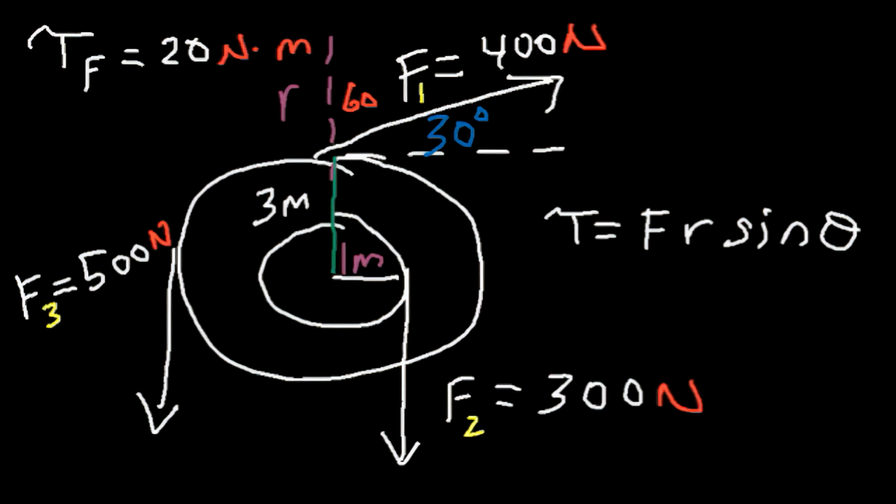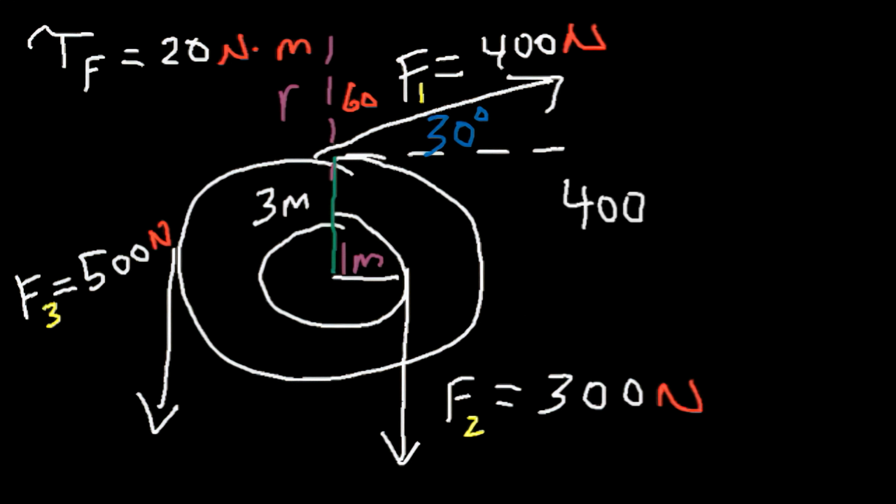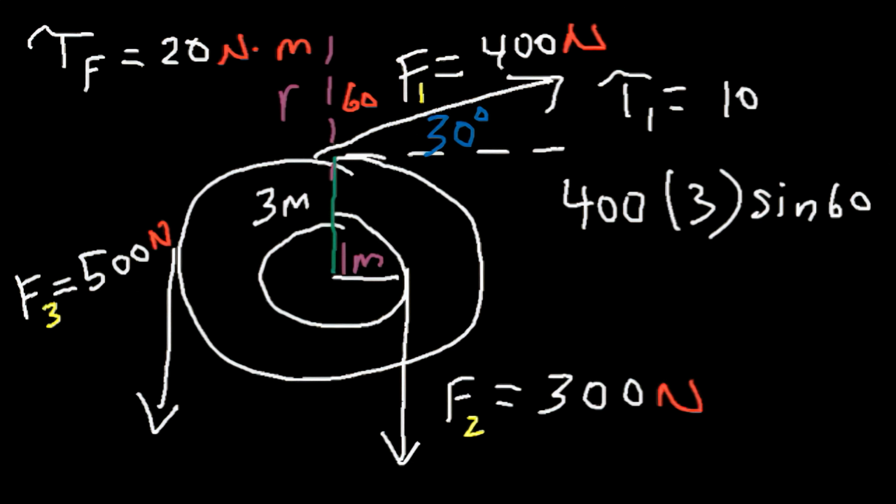So torque 1 is going to be F times R times sine theta, or 400 times an R value of 3 times sine 60. 400 times 3 is 1200, and sine 60 is root 3 over 2. So that's 600 root 3, which is about 1039.